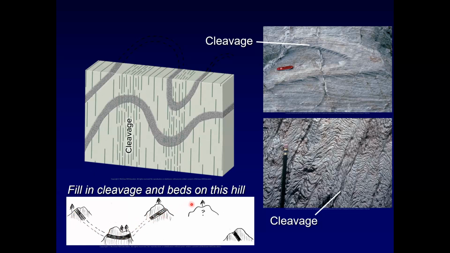I would move it through here as well, down to a limb. And we could expect cleavage to go through here as such and change a little bit down the limb of a fold, because cleavage can go to a lower angle or start to become parallel to bedding in the limbs of the fold.